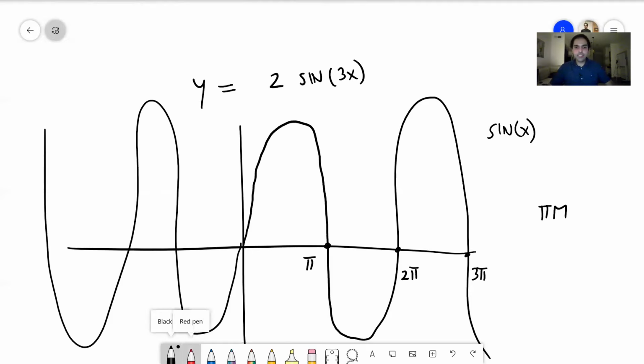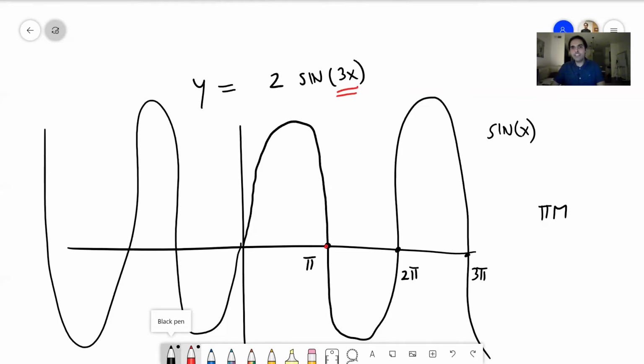And in particular, let's see what happens with this graph. If you do f of 3x, remember you compress the graph by a factor of 3. So if you do sine of 3x, what will happen? The sine of x becomes compressed by a factor of 3. And in my opinion, as I said, the way to draw it is to look at the zeros, which here are pi, 2 pi, 3 pi.